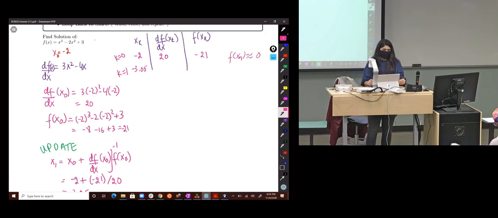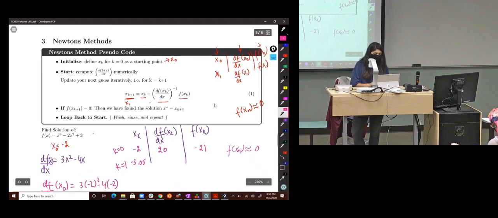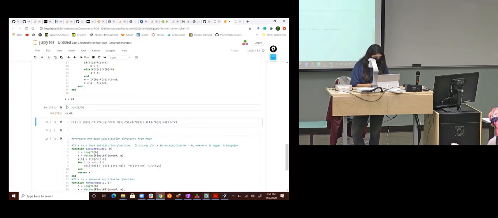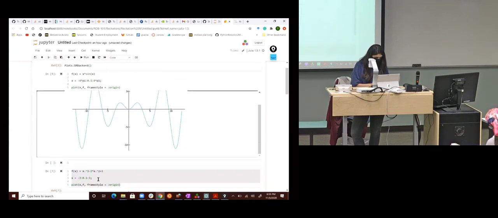Now, because we understand how to do it by hand, there's a way that we can do it in code, and let's see how that would be. So we have the function f, which is the same as before. Let me just copy it again.